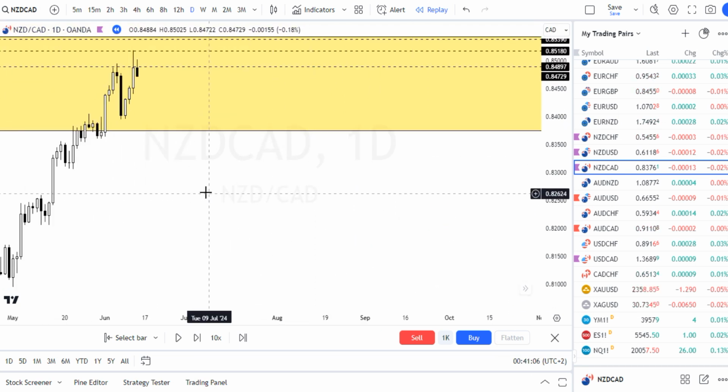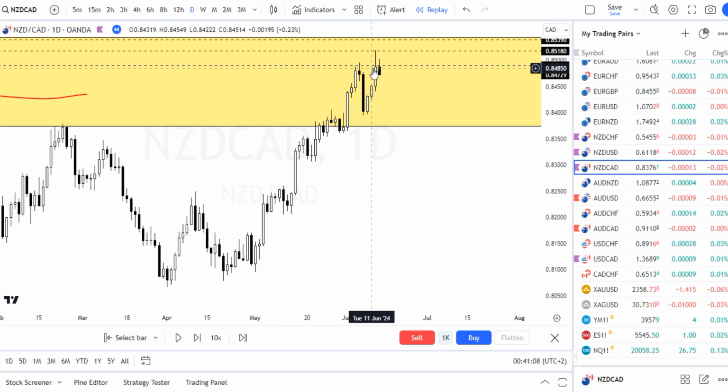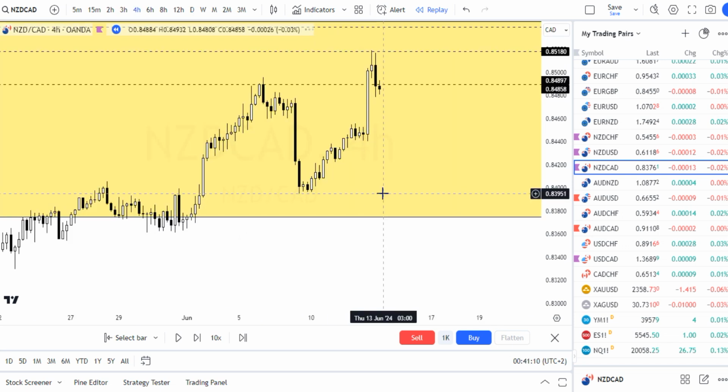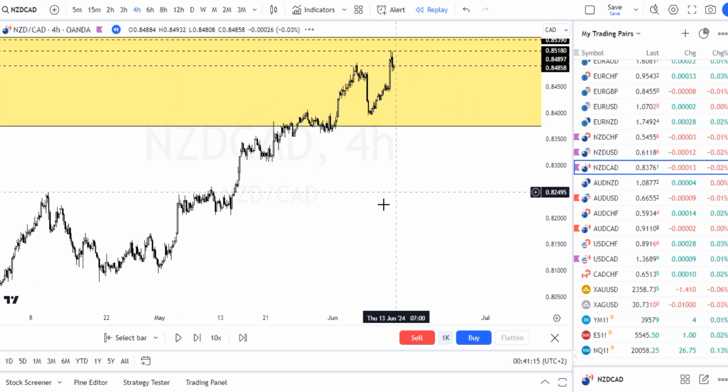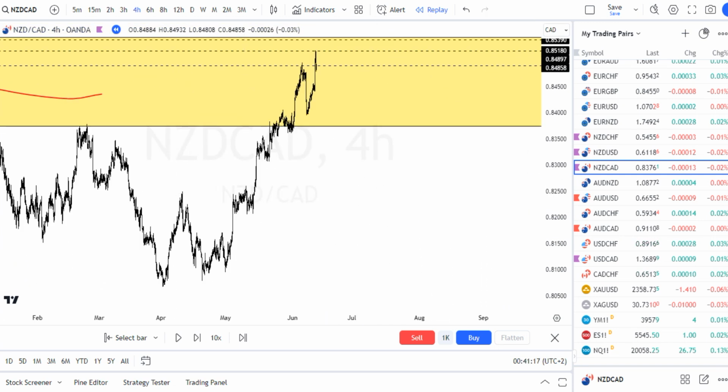Okay, so there was also a daily supply zone, and in the 4-hour time frame, the location of the market is actually at the top.